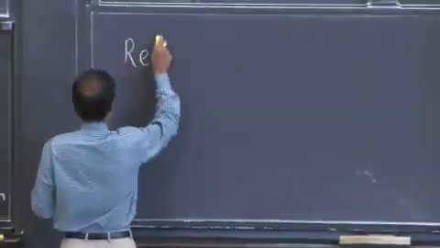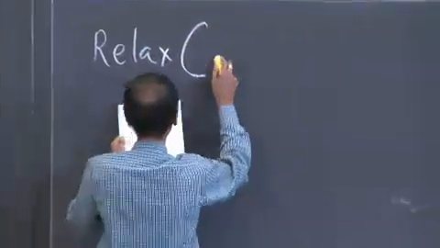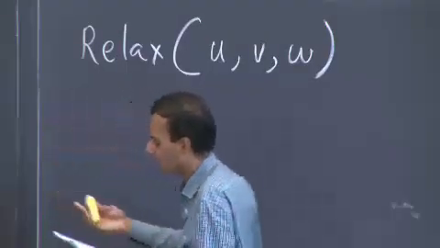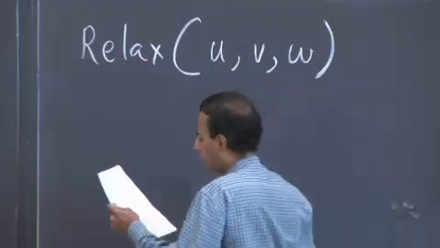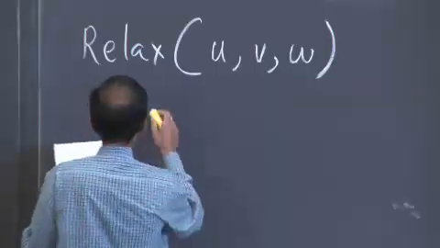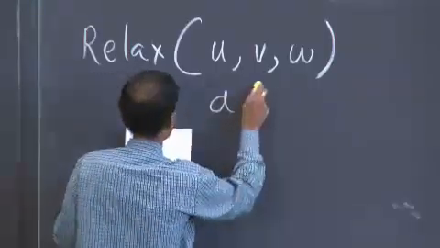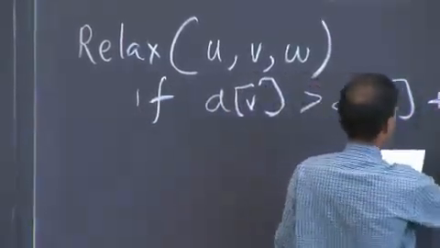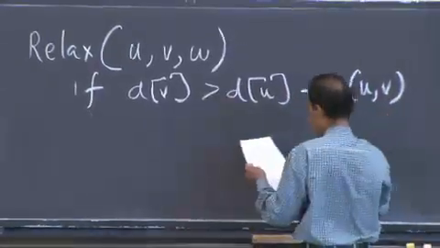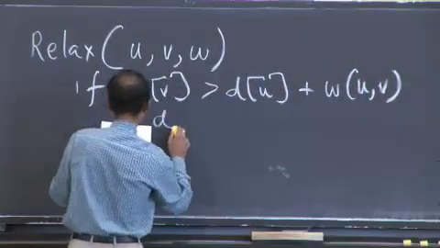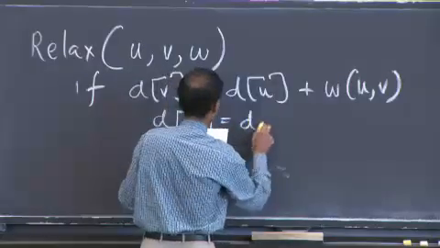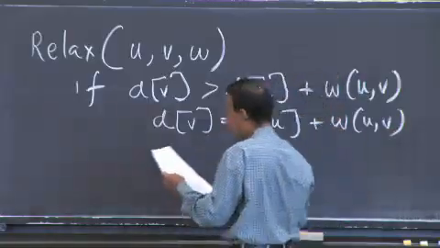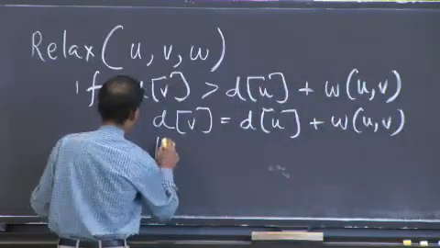Recall that our basic relaxation operation, which we kind of did over here as we updated the infinity value to 1 and the 3 value to 2, looks like this: if d of v is greater than d of u plus w of u v, then I'm going to update d of v to be d of u plus w of u v. You found a better way of reaching vertex v, a shorter way.